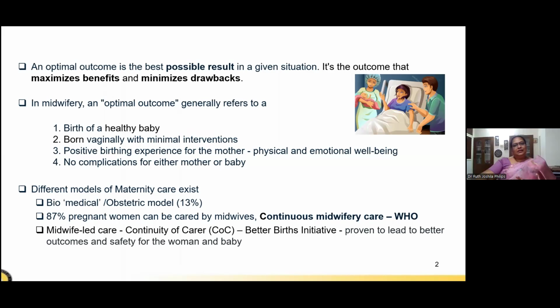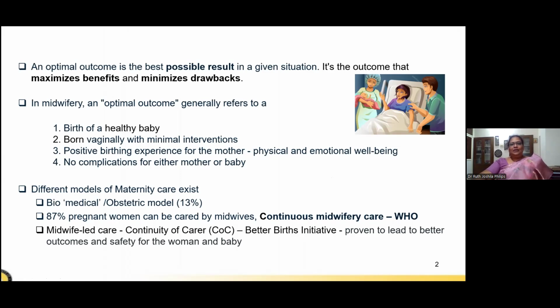Now, talking about optimal outcomes in midwifery, generally we speak about four things. That is, one, giving birth to a healthy baby, and the baby is usually born vaginally with minimal interventions. That is, there is no need of any instrumental births or things like that. The mother, after giving birth to the baby, has a positive birth experience, which means that the mother is very happy about the entire experience and she is satisfied with the care that has been provided to her throughout the pregnancy and birth.